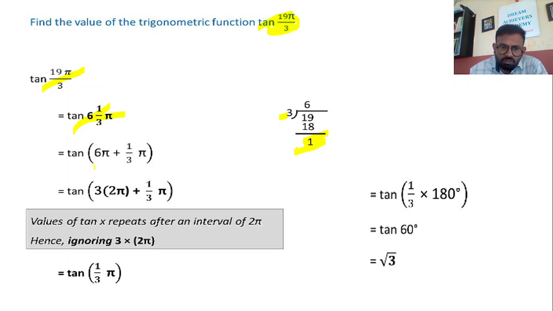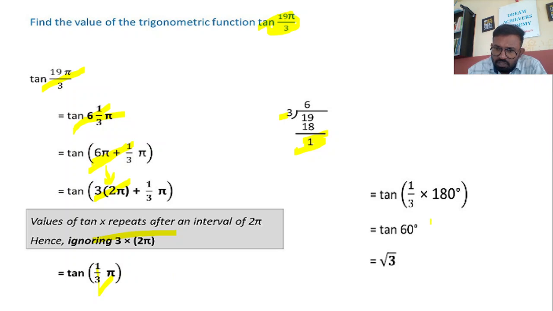So as we are solving the same way, 6 pi plus 1 by 3 pi. This 6 pi can be written as 3 into 2 pi, right? You can directly tell 6 pi can be neglected, no need to worry, okay? But if you can write it, I have solved with complete steps. So 6 pi can be written as 3 into 2 pi, that's why we will ignore it and I can write it directly as tan of 1 by 3 into pi, or tan pi by 3.